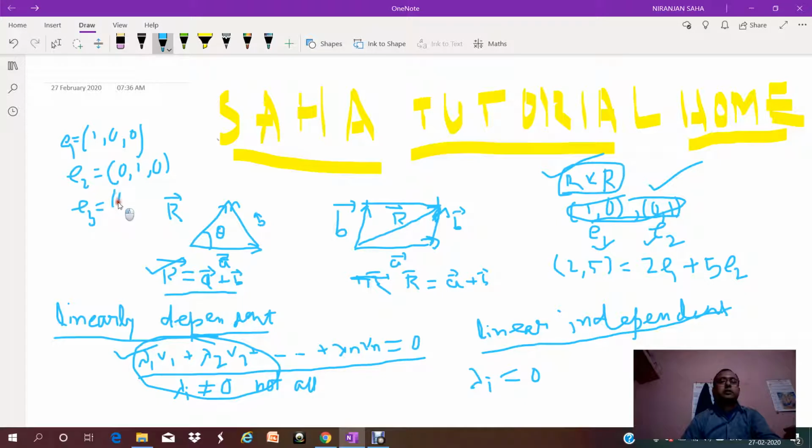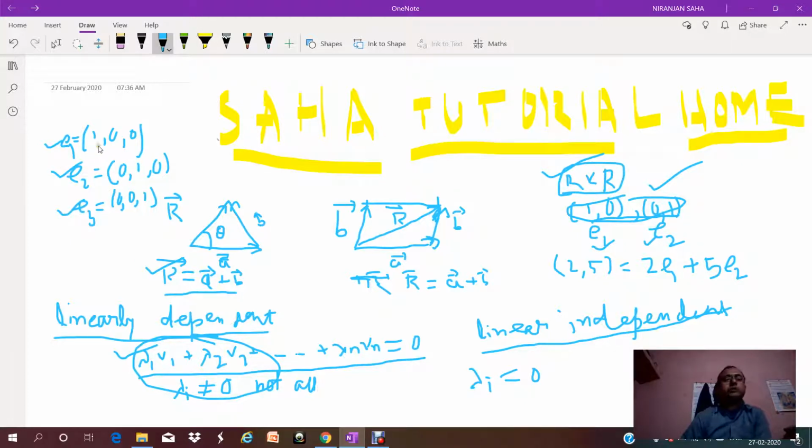Then (0, 0, 1). So any point in three dimensions can be represented by these three vectors. These three vectors span the whole space, and that's why they are called the basis vectors of three-dimensional space. And they are also independent. So this is the standard basis. These are called the standard basis.